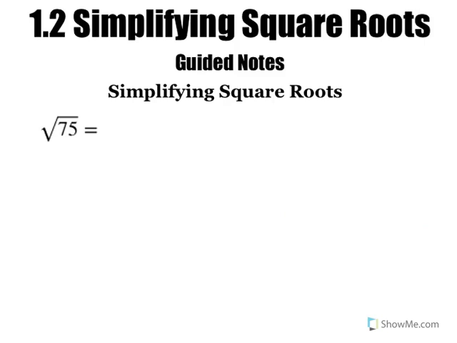Our first example is the square root of 75. The first thing that we're going to do whenever we're simplifying a square root is look for its prime factors. So I want to think of numbers that will multiply to equal 75. I happen to know that 3 times 25 will equal 75.